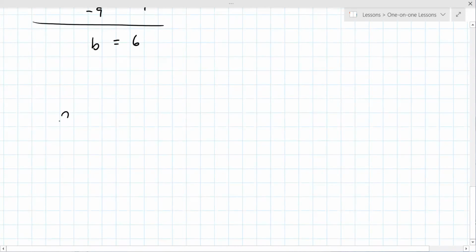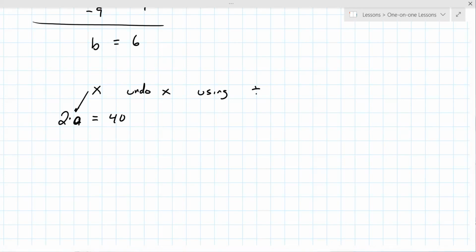Let's say it's 2a equals 40. This is multiplication. You undo multiplication using division. Do you follow that? Do you agree with that?